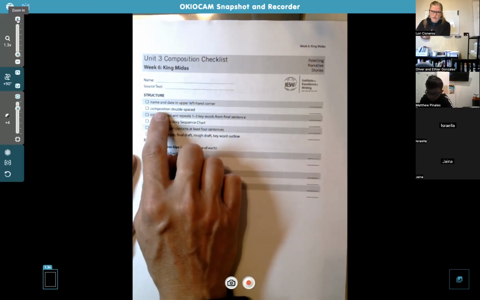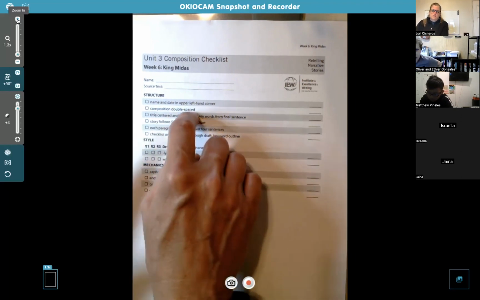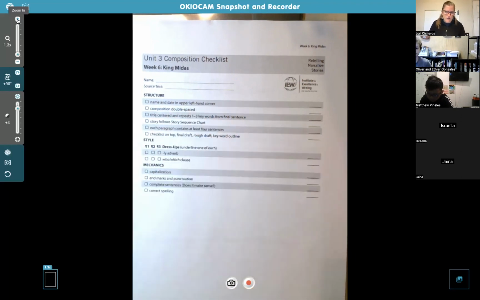Composition, which is your writing, double spaced. So when you go to write your paragraph, make sure to skip lines. Super important to do that. You can still use the little X's if you need to. If you're good at it, you remember to skip lines now, you don't need to have the X's there, that's okay.